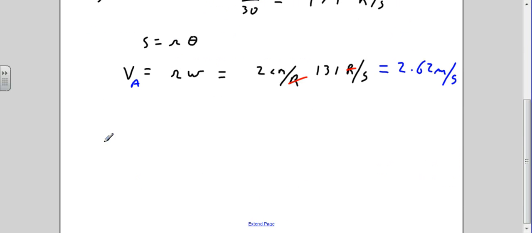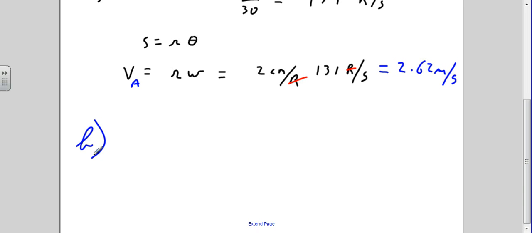All right, now, part B. The linear velocity at a point on the B rim.